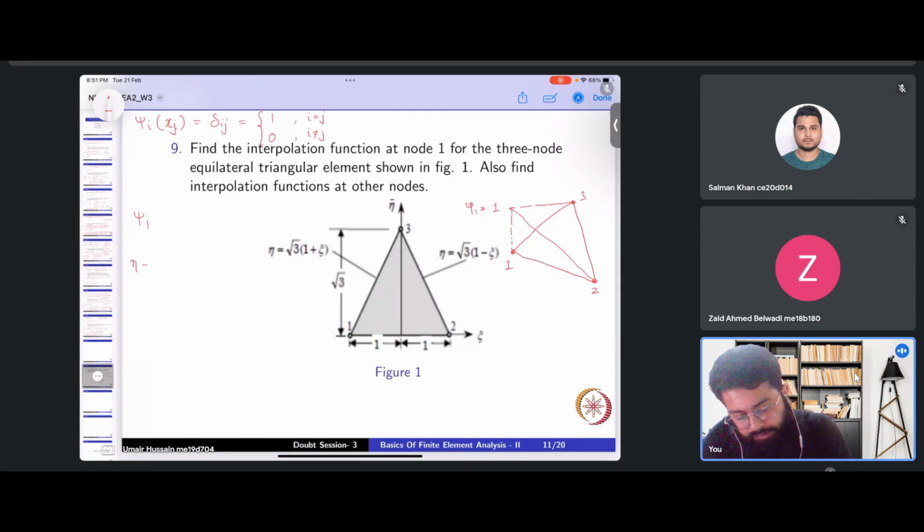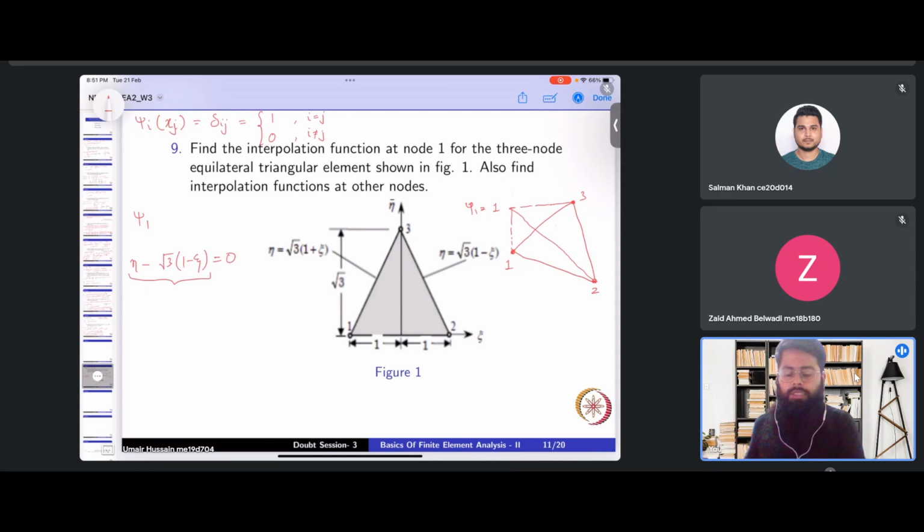We look at this function eta minus root 3 times 1 minus zeta equals 0, right? This is the equation of line. So this function will essentially give us a value 0 if we substitute any value from the line 2 3.